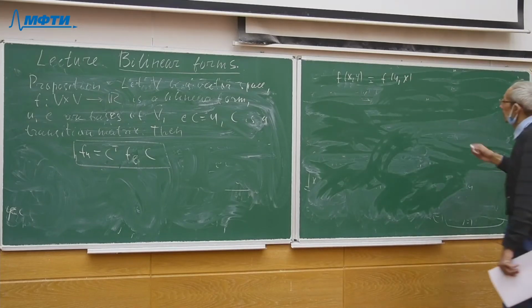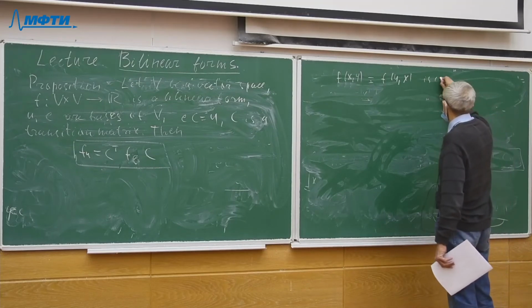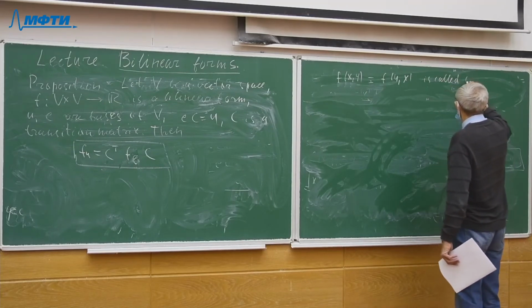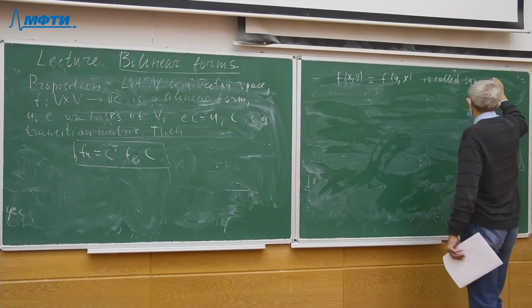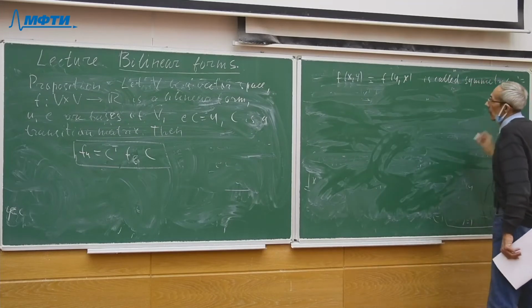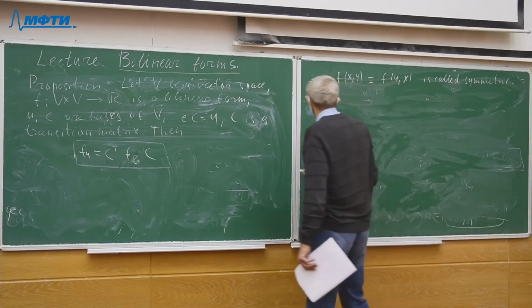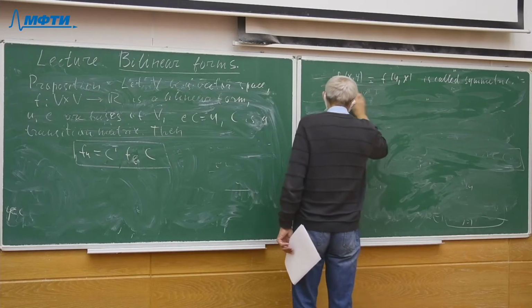Such a bilinear form is called symmetric. We will also use the following notion.